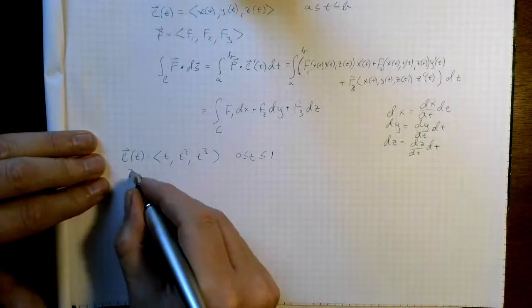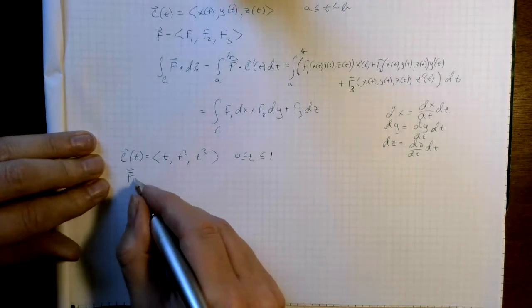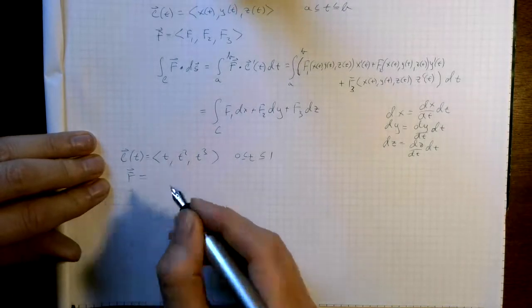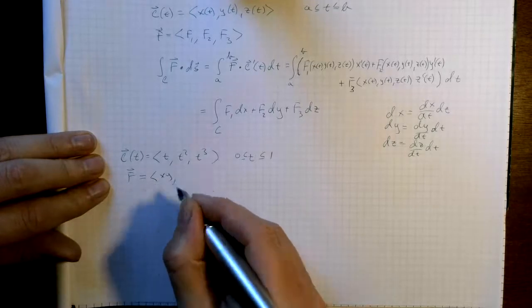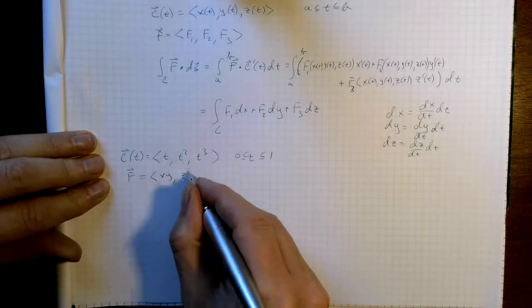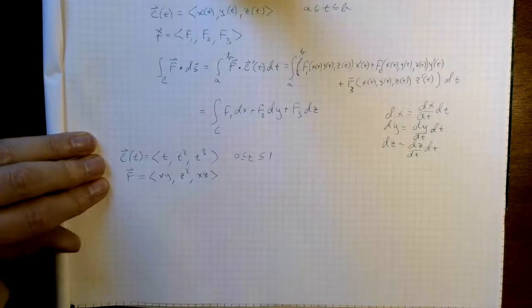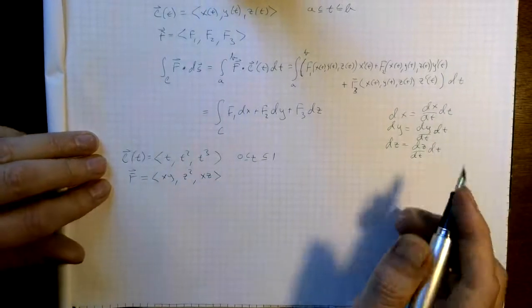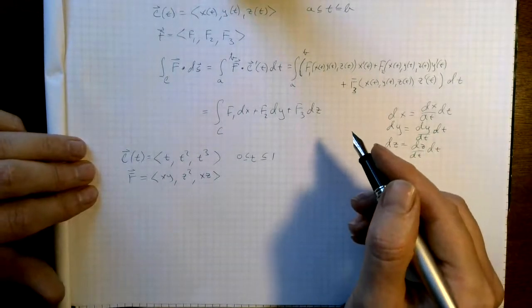And let f of x, y, z be xy, z squared, xz. I don't know, something. I'm just making things up. Suppose that just happens to be the vector field, right?